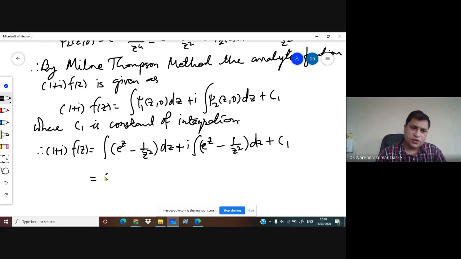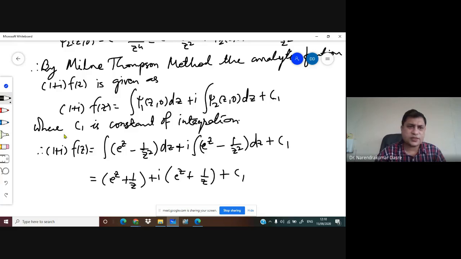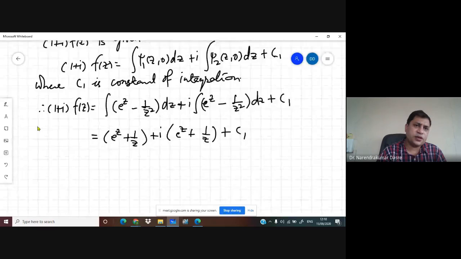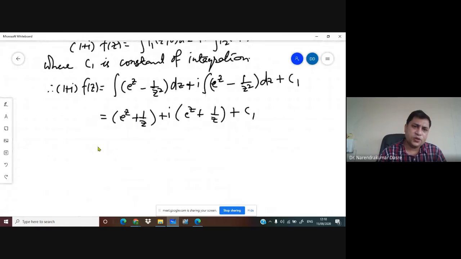So we got here the integration of e raised to z is e raised to z plus 1 upon z, plus i times the integration of e raised to z, which is e raised to z. The integration of this is plus 1 upon z, and plus c1. Now we can see this term is same.